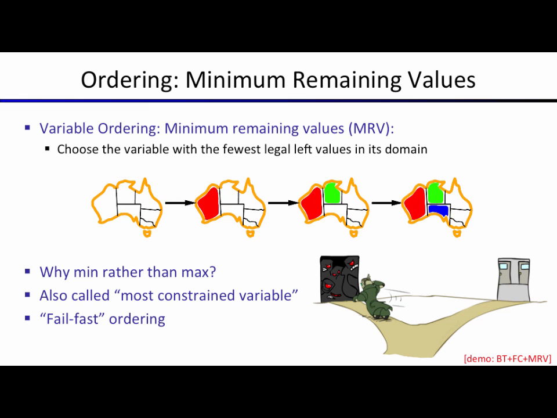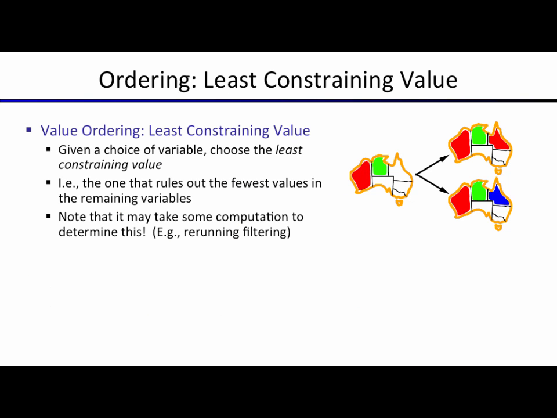There's still one more choice to make, which is, okay, we have a variable, it's the most constrained one, say, and it still has a bunch of values. Which one do I pick first? Well, for values, we go with the least constraining value. Okay? So the idea here is that I'm going to look at the possible values.